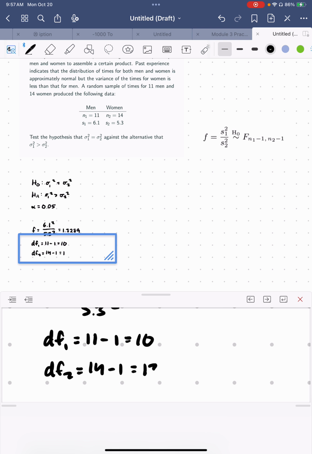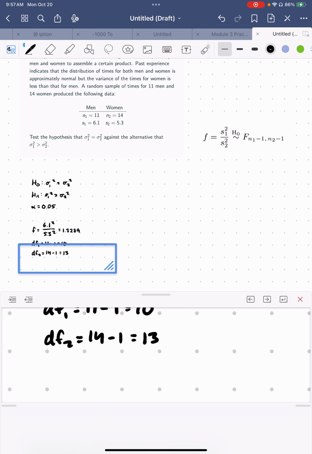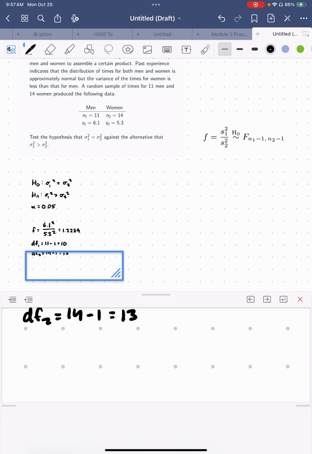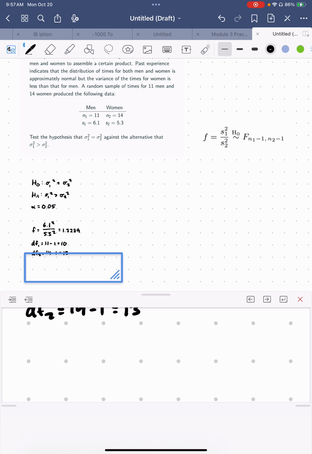And now we can use our F table to find our F value at the 0.05 significance level for the degrees of freedom 10 and 13.